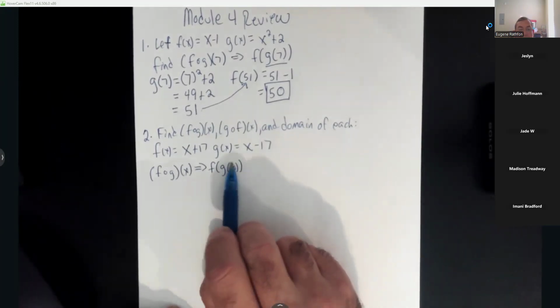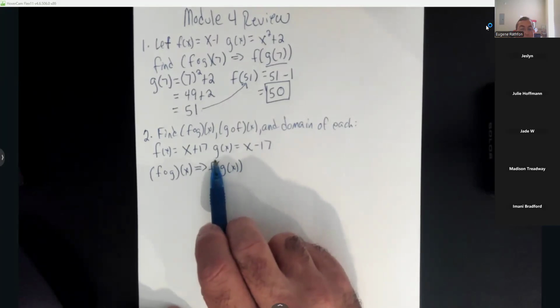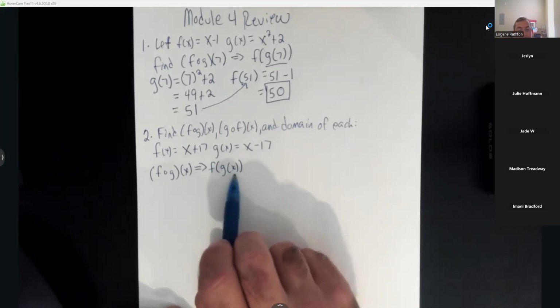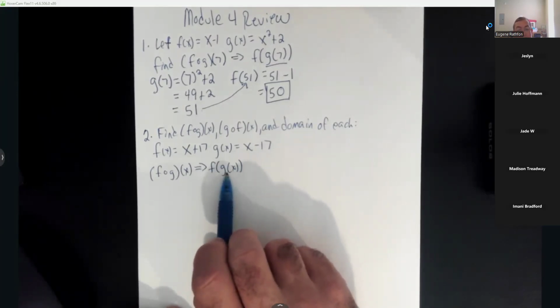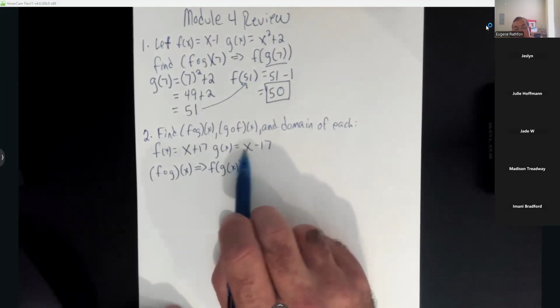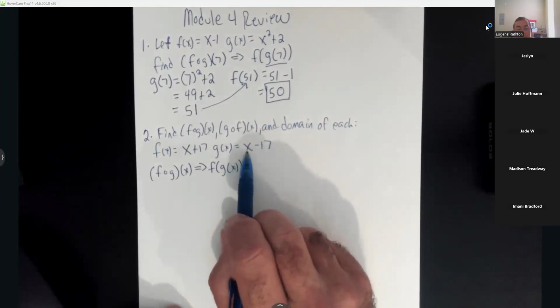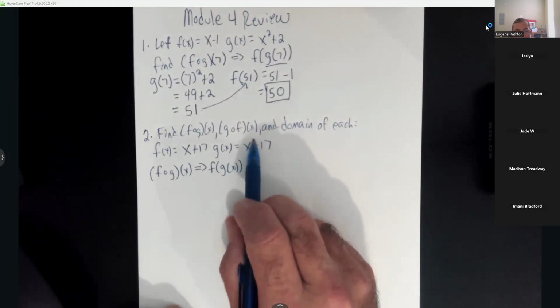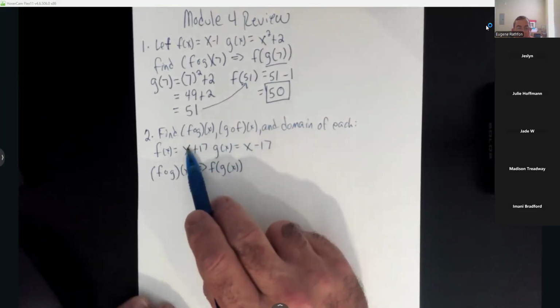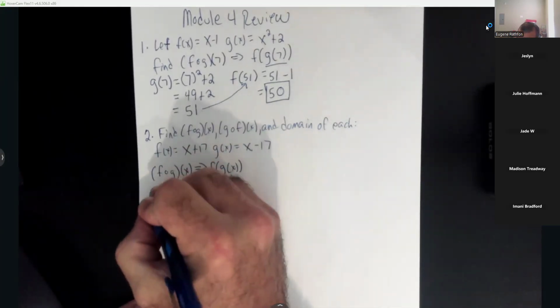Which means we're going to put g of x into the f function. Since we don't have any numbers, we can't do anything to the g of x. It's going to stay x minus 17. So what we're going to do is put this whole thing into the x's on the f. Okay? So here we go.